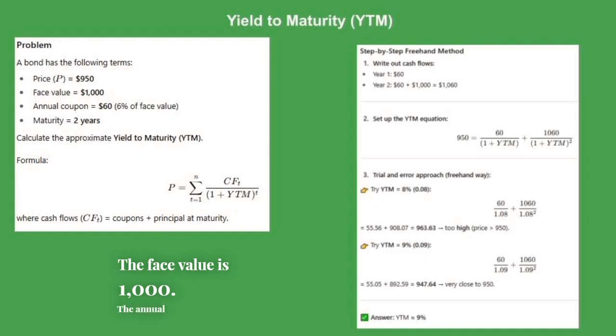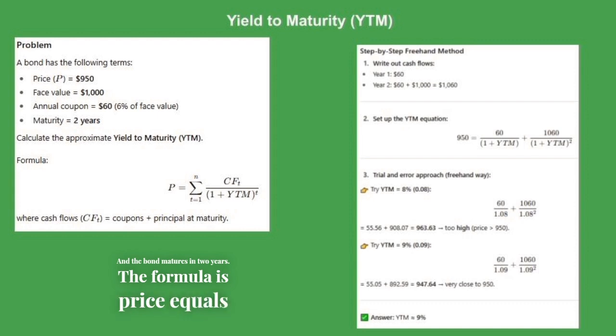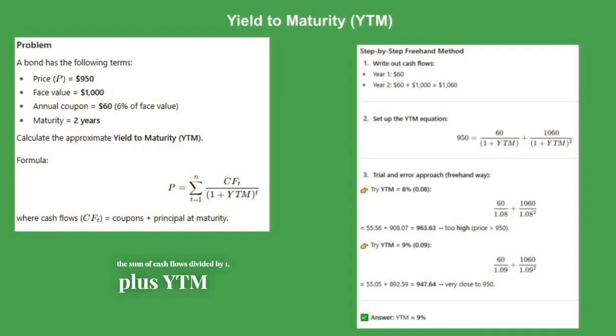The annual coupon is $60, and the bond matures in 2 years. The formula is price equals the sum of cash flows divided by 1 plus YTM to the power of time.